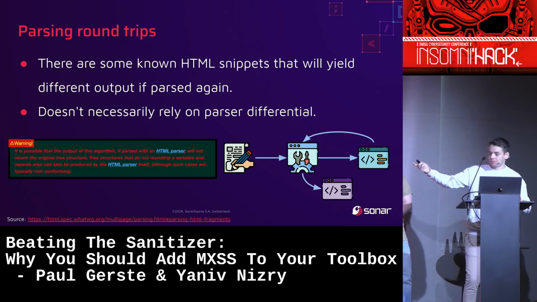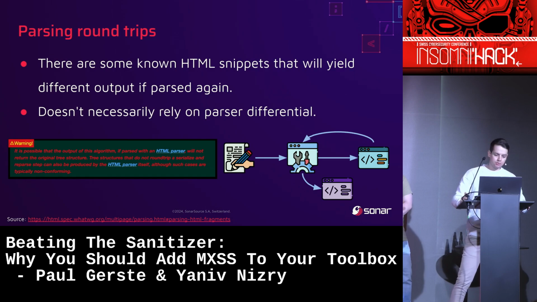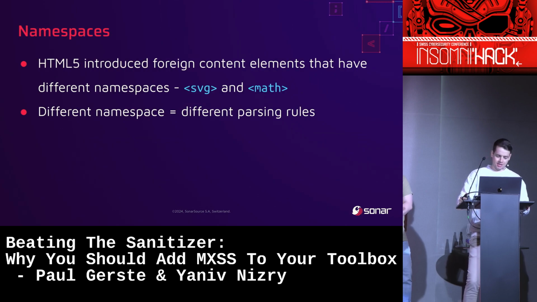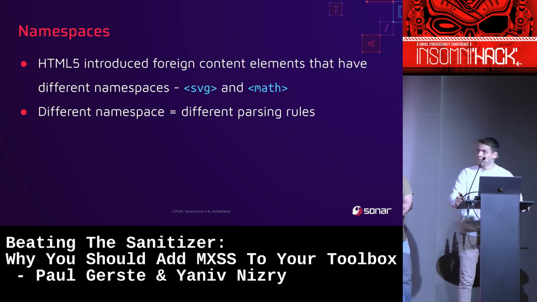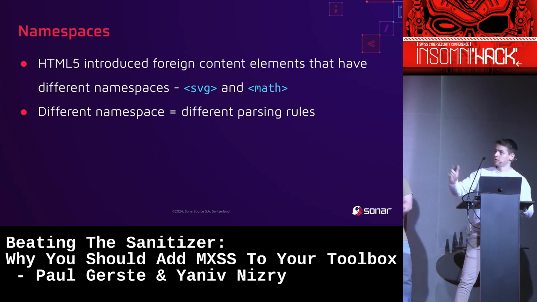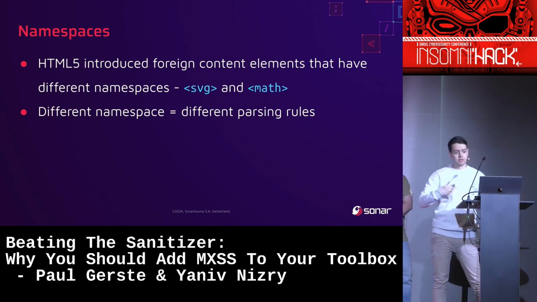Before we get into an actual example of parsing round trips, let's take a step back and understand some nice HTML features. The major one is different namespaces. In HTML5, I think it was 2014, they implemented foreign content elements. Particularly, I'm speaking about the SVG and math elements, and they implement a different namespace.